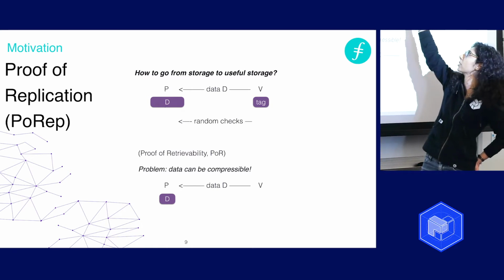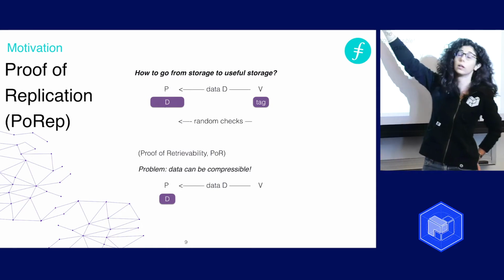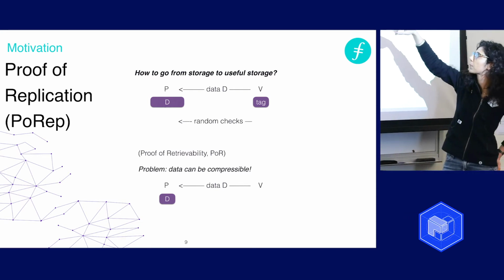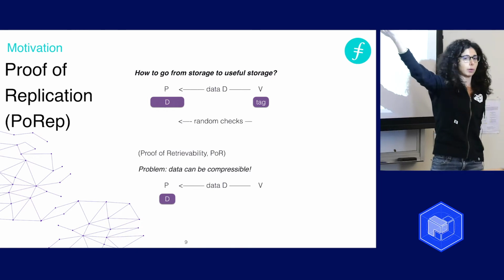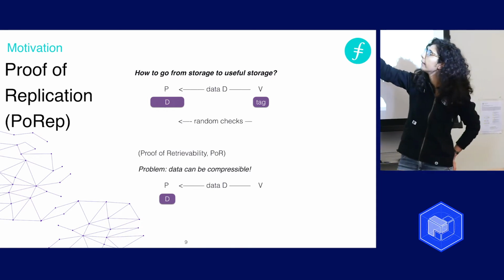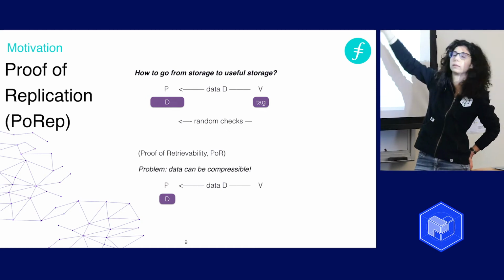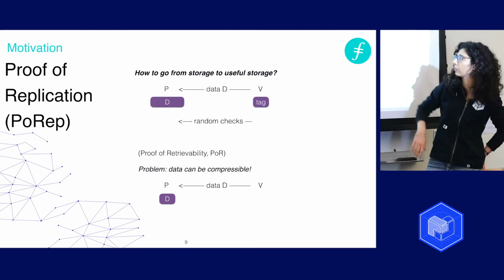So it can be that the verifier just sends the data to the prover, and keeps a small tag, like a commitment to the data, and then I randomly check that you are still storing it consistently with the commitment, the tag that I have there.